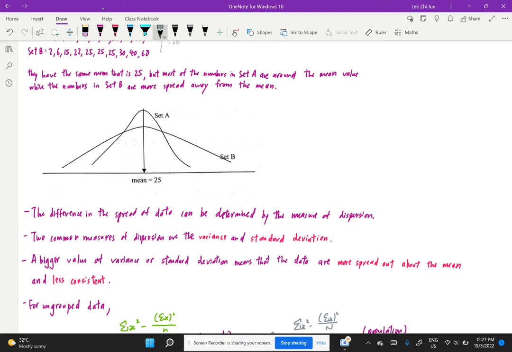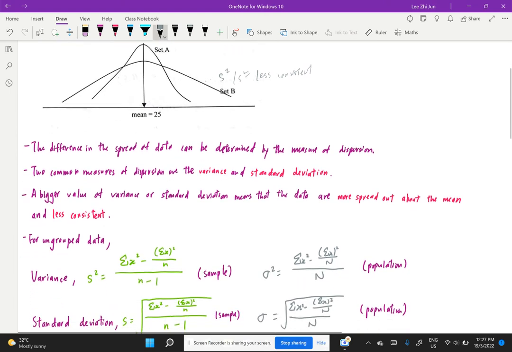The bigger the value of variance or standard deviation, the less consistent the data. If the variance or standard deviation is a large value, it's less consistent, and the graph is more spread.